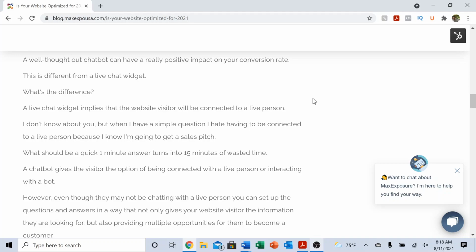And just thinking, I could throw out a couple different ideas as to why. One of them, I think, is that people just don't really want to connect with a live person if they're just looking for information, because I know it happens to me on other sites, usually when I'm connected with a live person, I know I'm not going to just get an easy answer to my question.